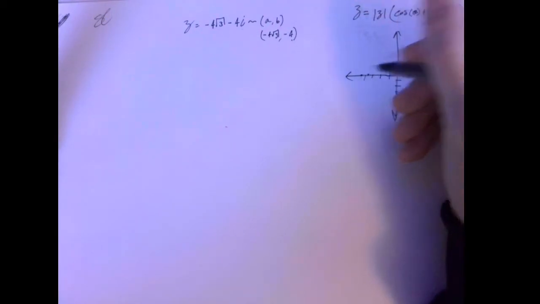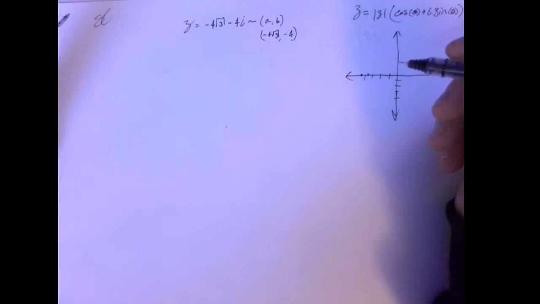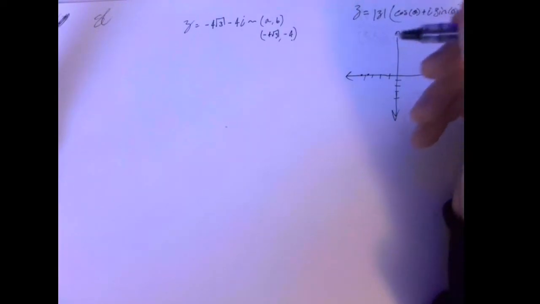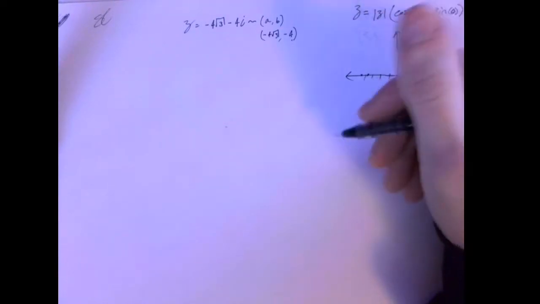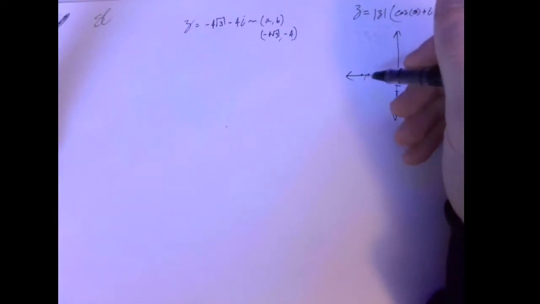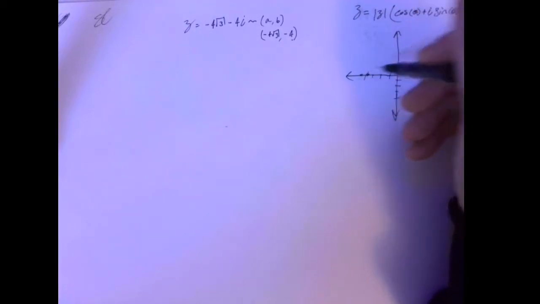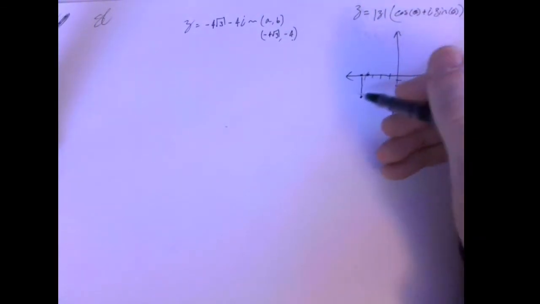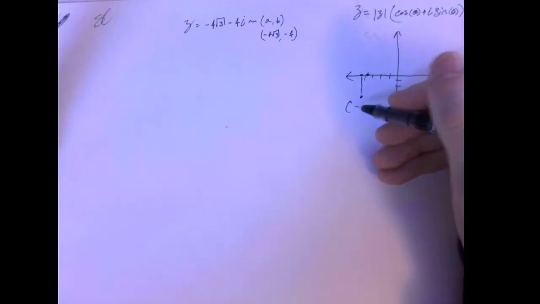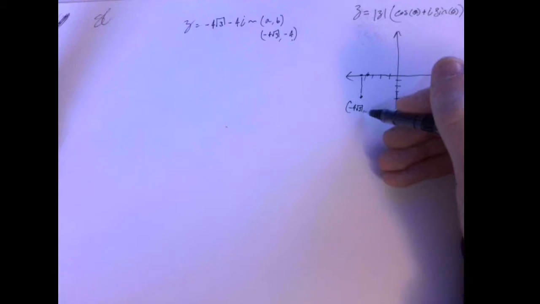It's going to be about here, because square root of 4 is 2, square root of 1 is 1, so it's a little between there. So 4 times 1 is 4, and 4 times 1 point something is going to be a little after 4. So it's going to be right here. Then we go down 4, and we know it's going to be right here. It's our ordered pair, -4 root 3 comma -4.